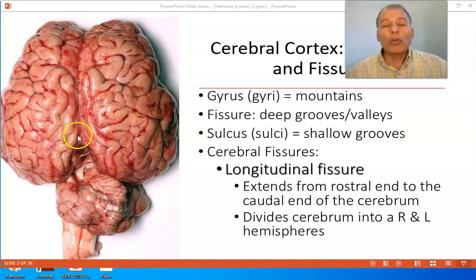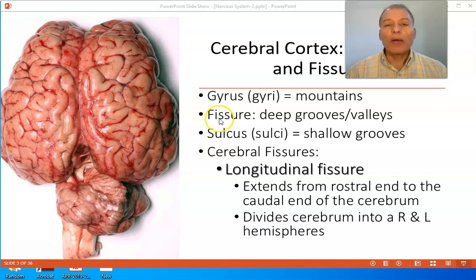Be prepared to identify these fissures on pictures and to also explain what they separate. So the longitudinal fissure extends from the rostral end to the caudal end of the cerebrum, and it separates the right hemisphere from the left hemisphere. If you say that, this is all you need to say about a structural landmark like this.